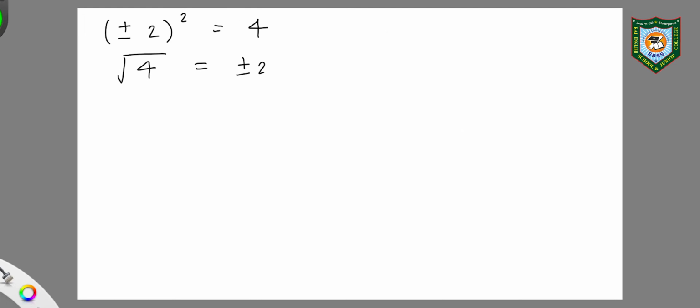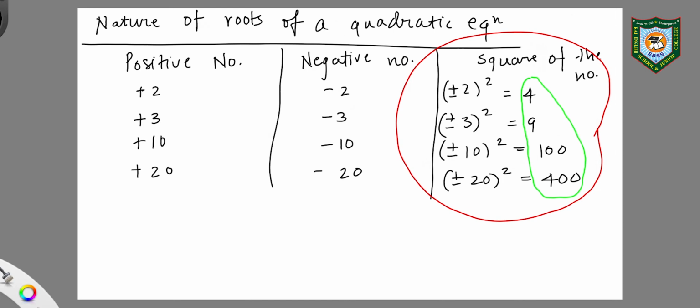So if I under root 100, the value is going to be plus minus 10. As we can see, the values on the right hand side in the square of the number column, all of them are positive. That means all the values that have been squared are real numbers.